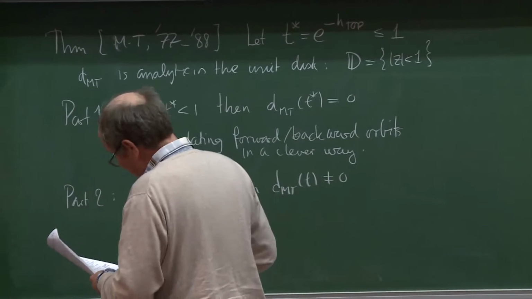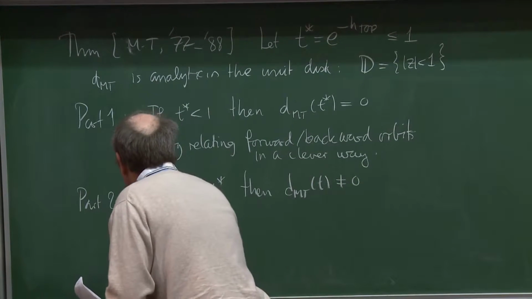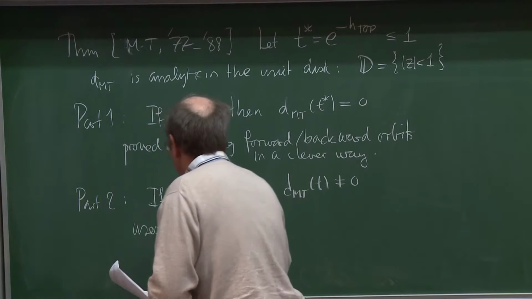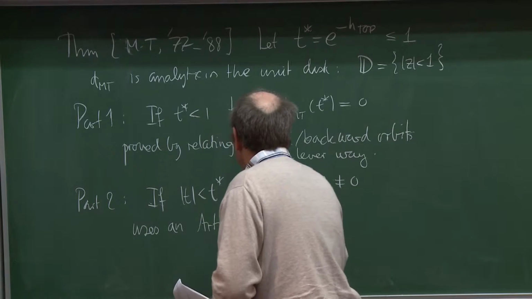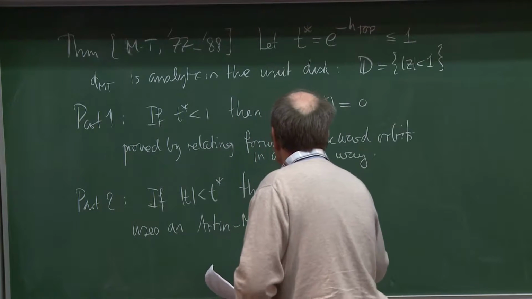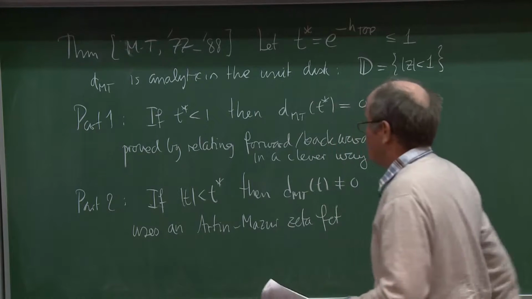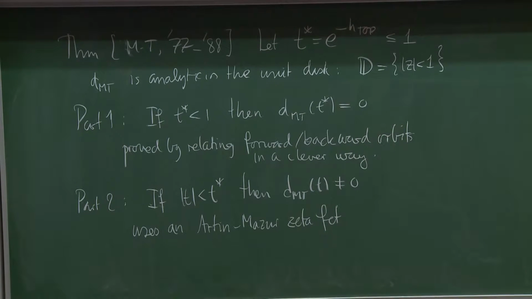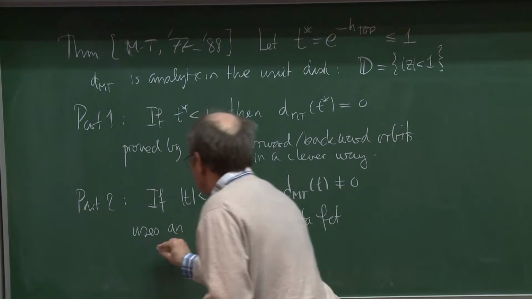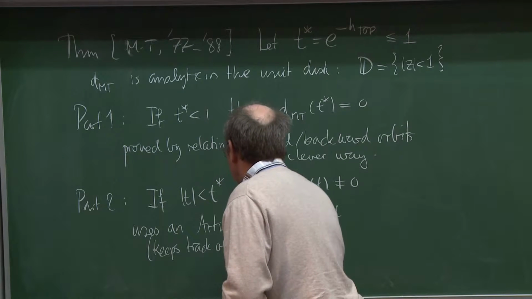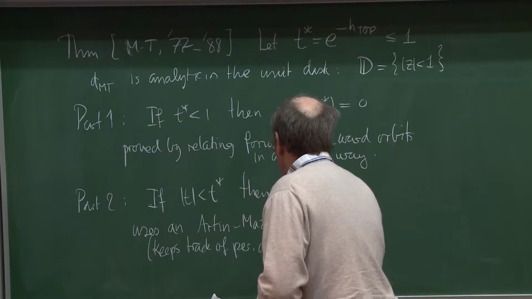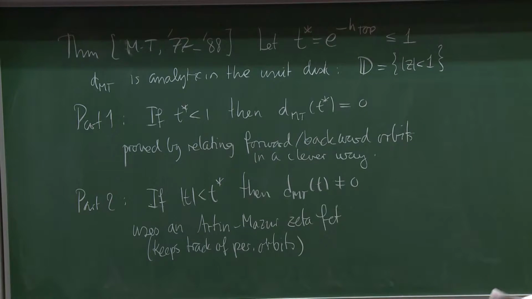And they then added a proof, which was using what is called a zeta function, the Artin-Mazur zeta function, which essentially keeps track of periodic orbits. Now you need to worry a little bit when you want to keep track of periodic orbits because if the map is not expanding, then you might have a lot of them, more than you want.